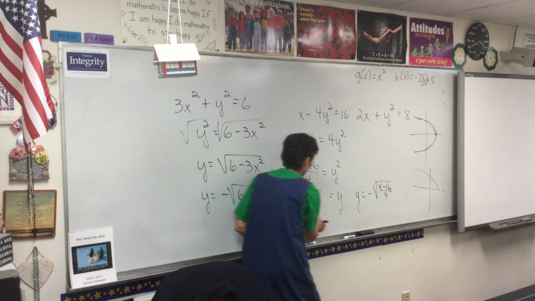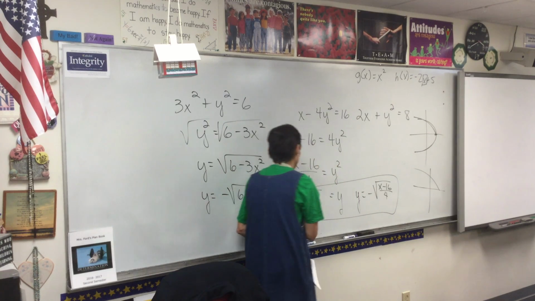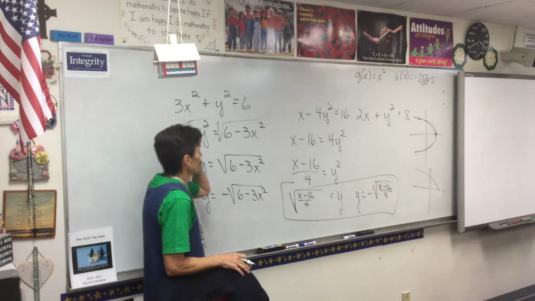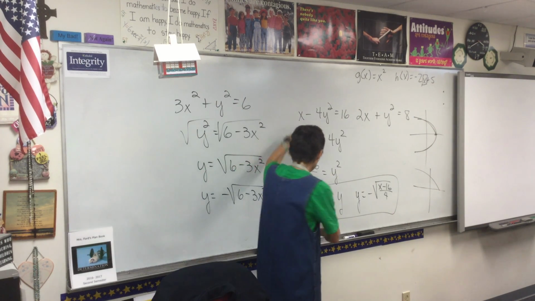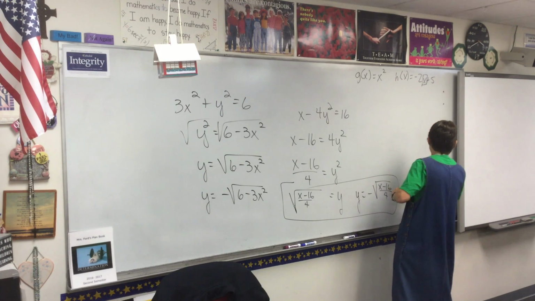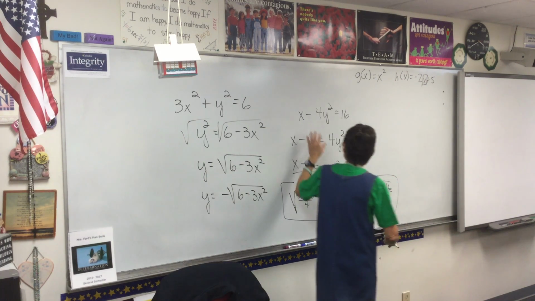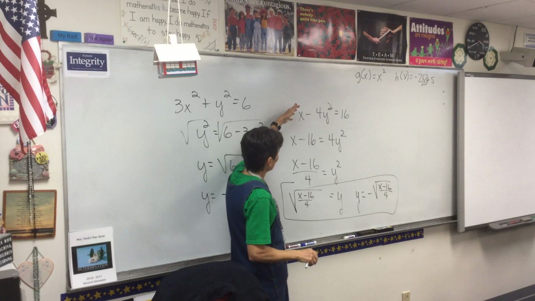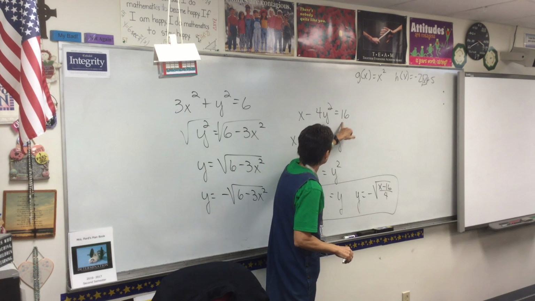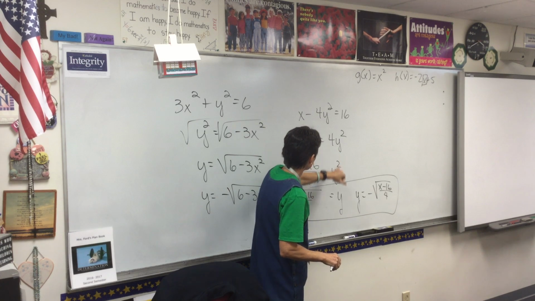All right, so here are my 2 implicits for that last one. That was a little harder, but remember, here was the original equation. Remember, you're trying to get y by itself. There's no one way to do that, but we've got to get the y by itself. So first thing I did was move these 2 so that I had the 4y squared.